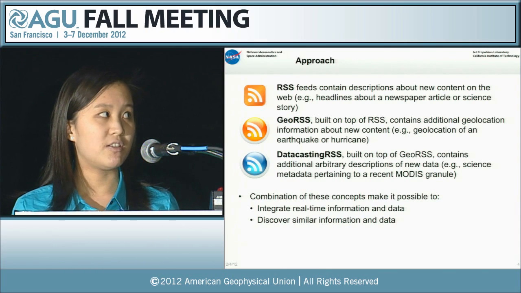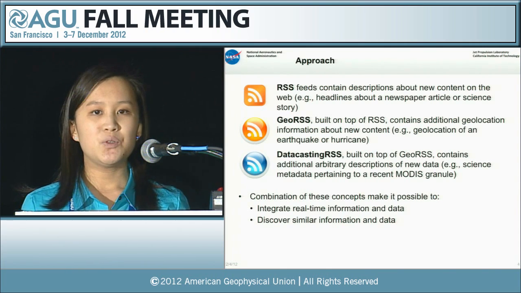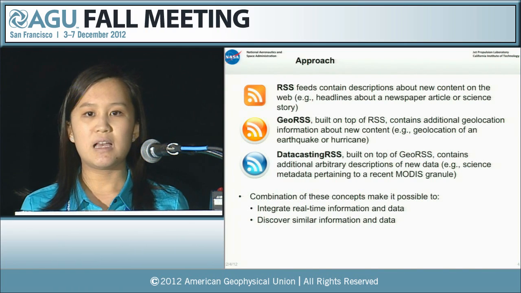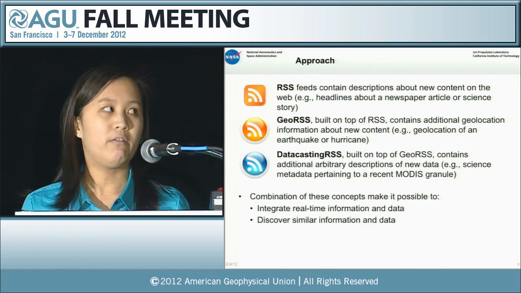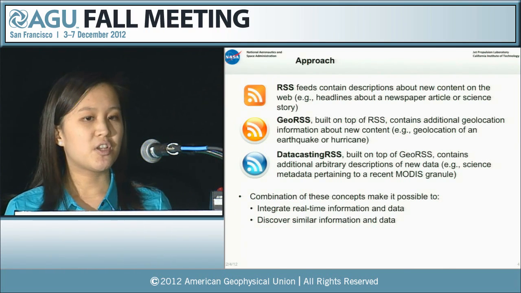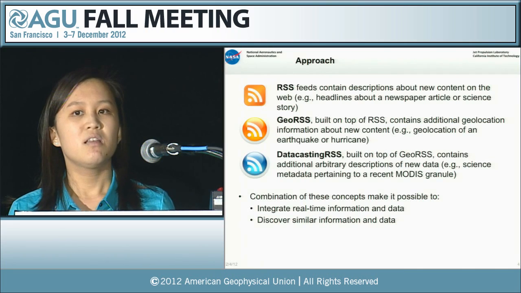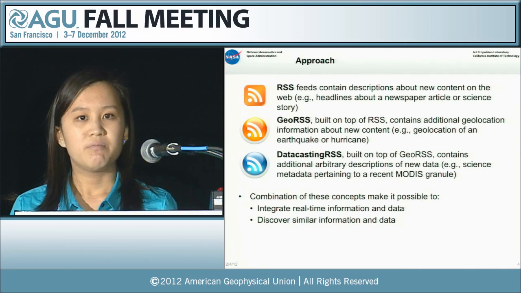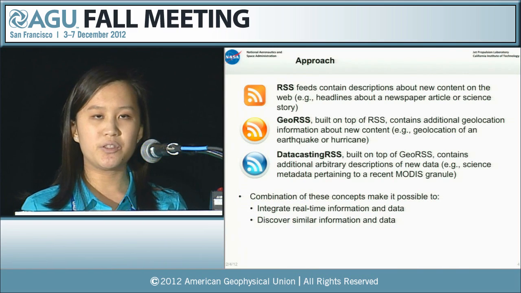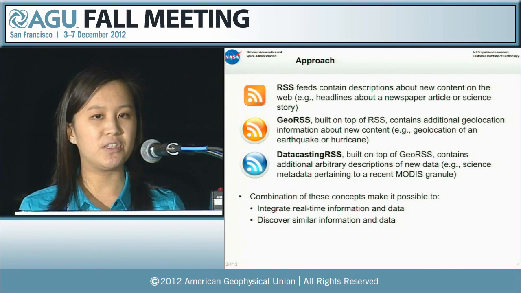And GeoRSS is built on top of that to include a geolocation for each item, such as the latitude and longitude of an earthquake. And finally, data casting RSS is built on top of GeoRSS to contain science-specific metadata. So for example, it will allow you to specify the acquisition time period of a data file.